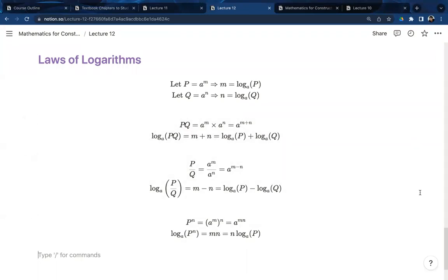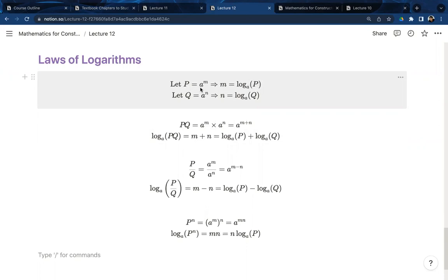All right, so we have some proofs here, to show you that it is not magic, right? If I say p is equal to a to the power m, that is exponential form. If I write this in logarithmic form, m is the power, m is the logarithm to which base a must be raised to give p, okay?